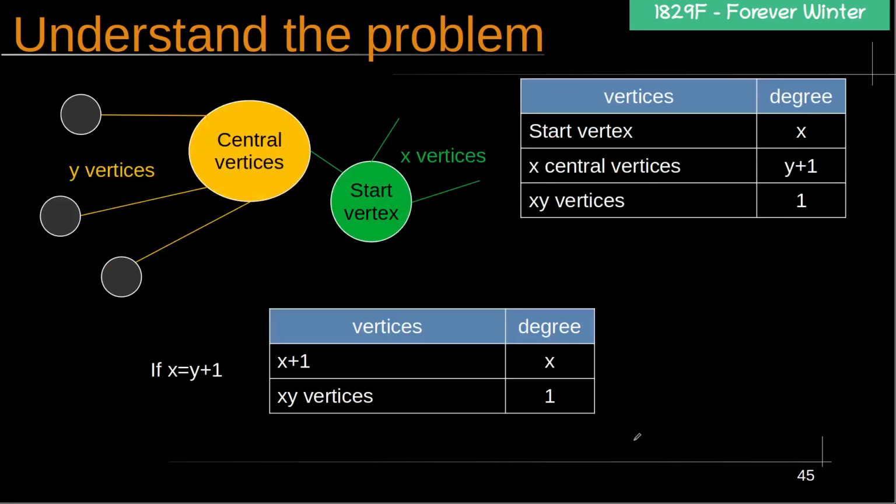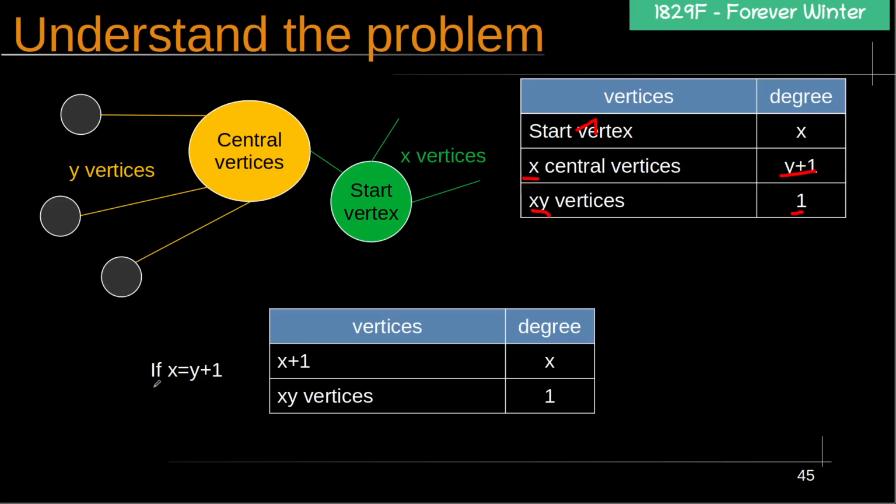What we can say, so in general, we have a graph as described in the problem statement. From that graph, we can compute that we have 1 vertex of degree x, x vertices of degree y plus 1, xy vertices of degree 1.